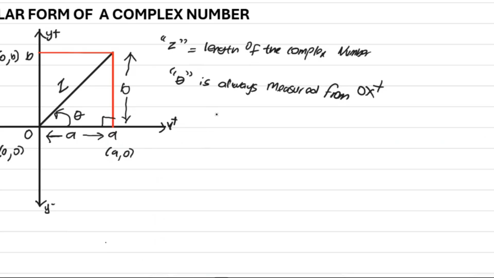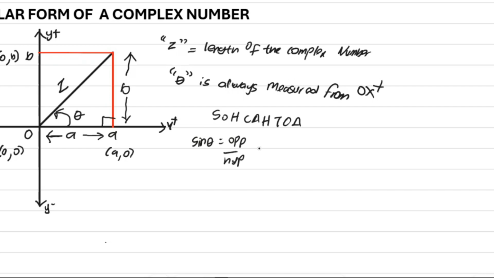So now, getting into derivations, we are now considering this diagram. First thing, we have some derivations that we can derive using SOHCAHTOA. Don't forget, the goal here is that we want to find a general form for the polar form of a complex number. Now from SOHCAHTOA, we know that sine theta is equal to what? Opposite over what?